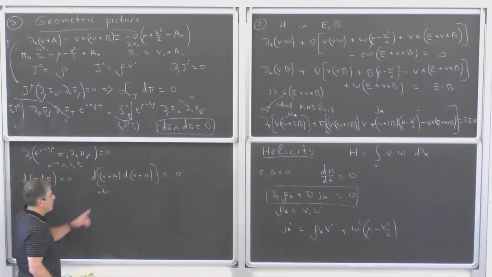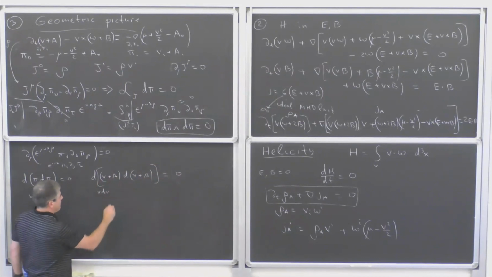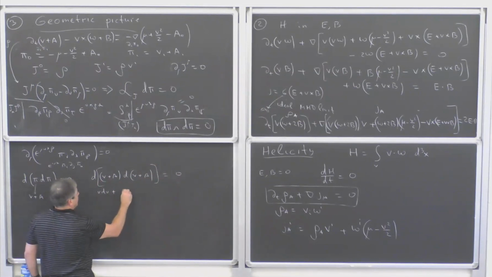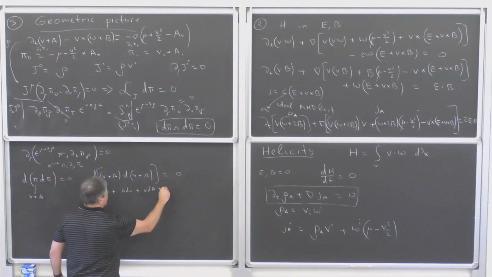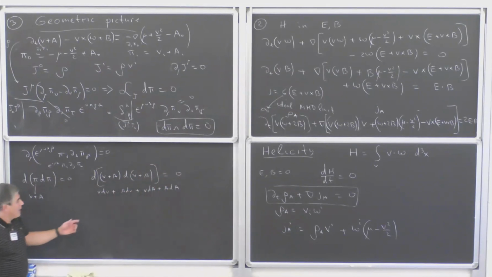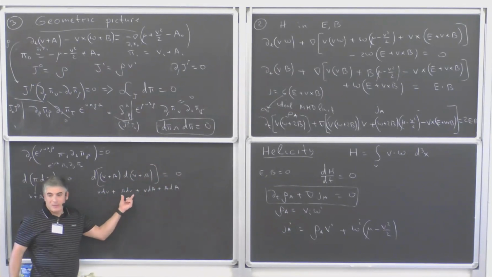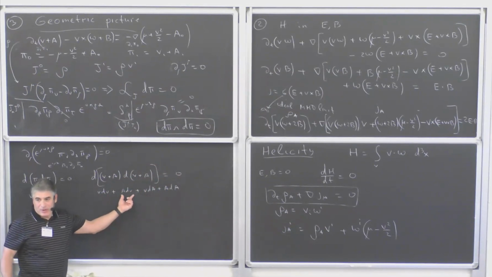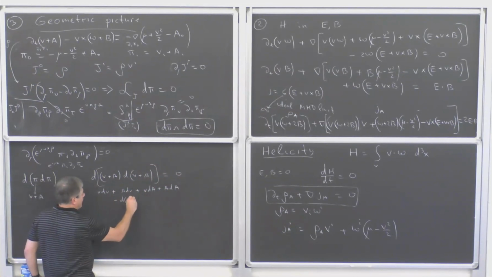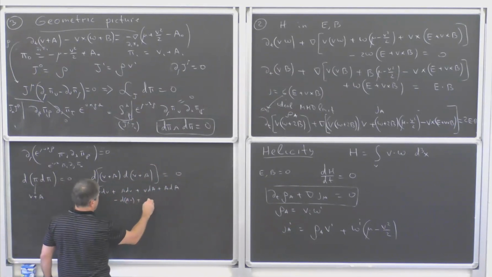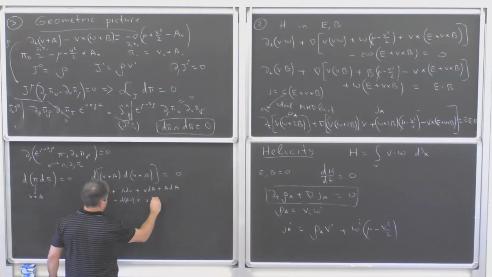It's the v dv term plus A dv plus v dA plus A dA. This A dv I don't like because it's not gauge invariant. So I write it as minus d of (A v) plus v dA instead of this.